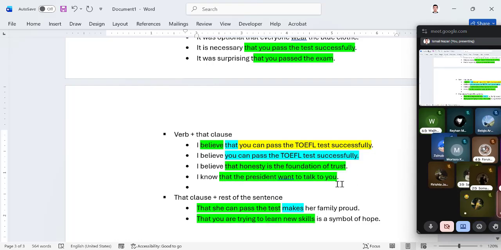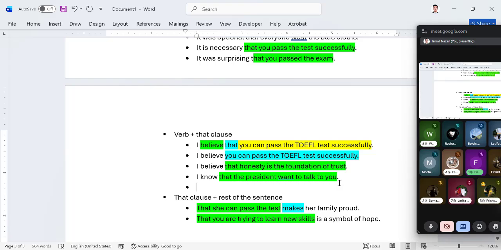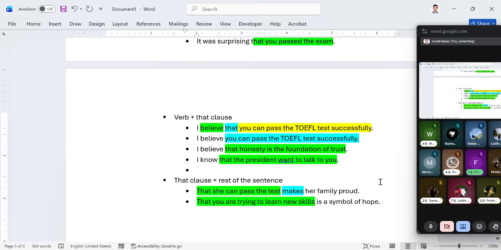Miss Sahar. Okay. He is worried that he might fail the test. Okay, worried is an adjective with verb plus that clause.